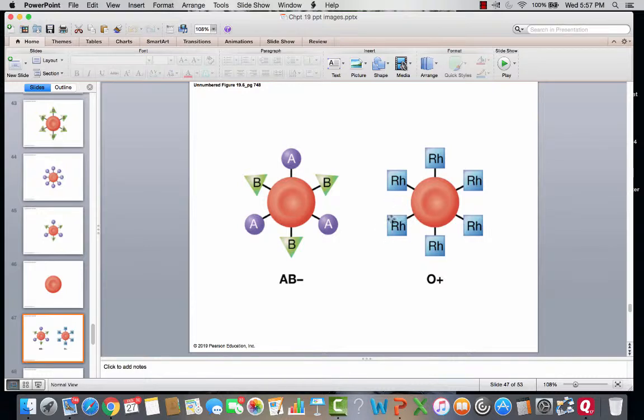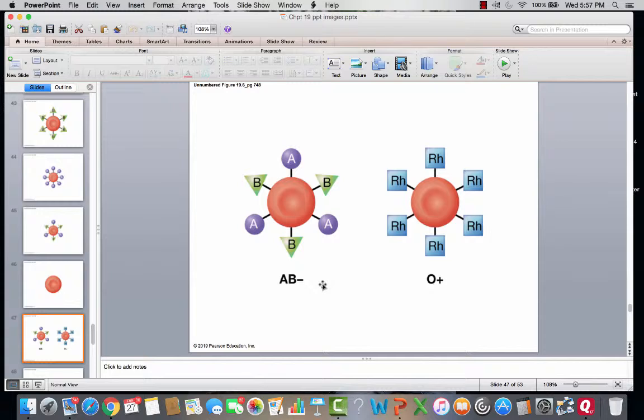If I have this third antigen on the surface of my cells, which is called the Rh antigen, we put a positive after our blood type. If I don't have that Rh antigen on the surface of my red cells, we put a negative on our blood type.